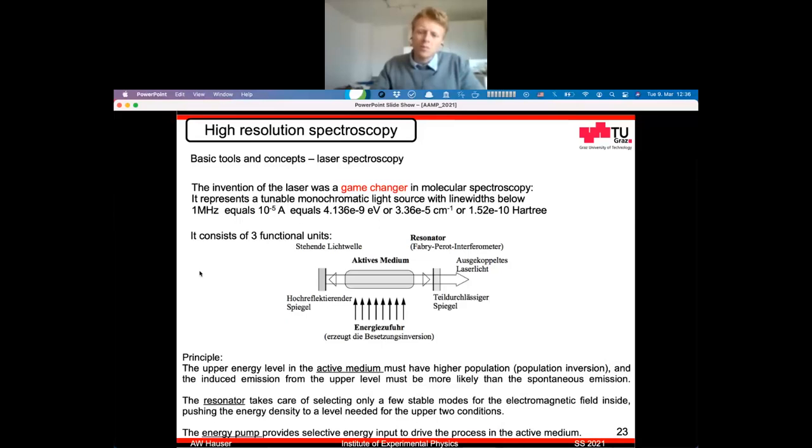So your medium offers a lot of possibilities of how to create photons, and by building the environment, meaning choosing the mirrors and the wavelength selective elements in a certain way, you can enforce that only a certain type of photon, namely one that fits exactly this level that you're interested in, is multiplied in this avalanche process. So you have basically only this type of photon eventually in your resonator.